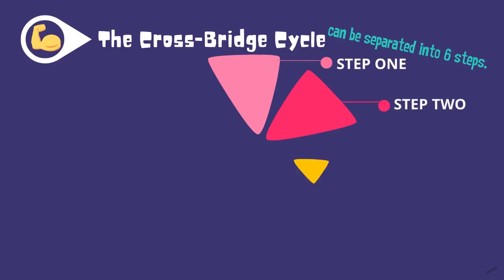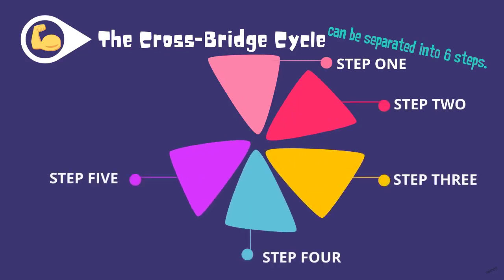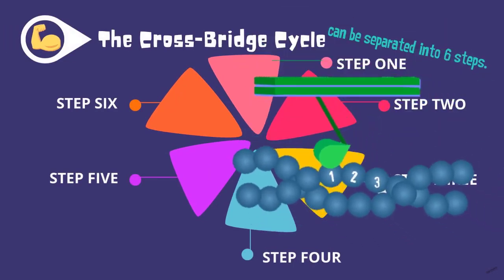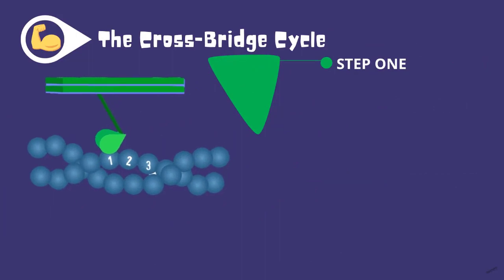The cross-bridge cycle can be separated into 6 steps. We'll start with step 1.